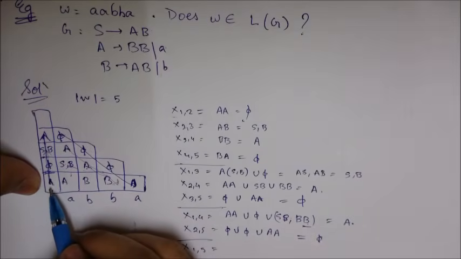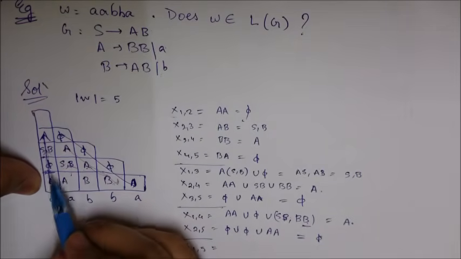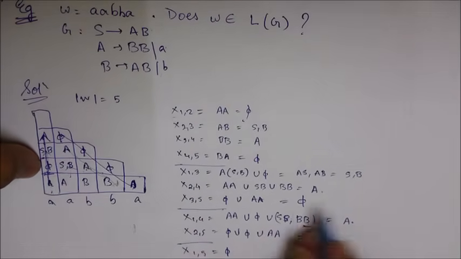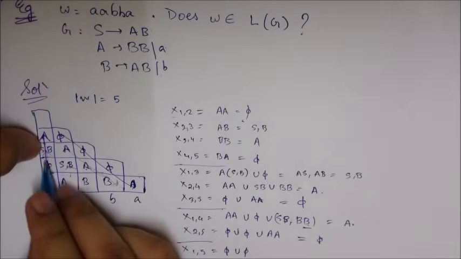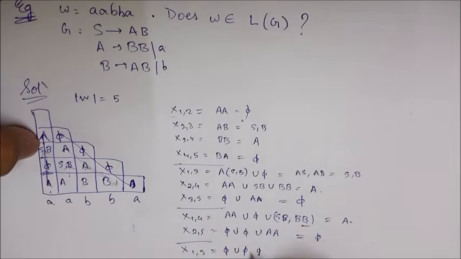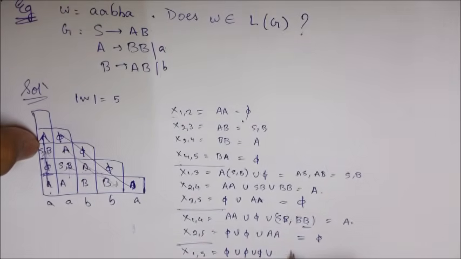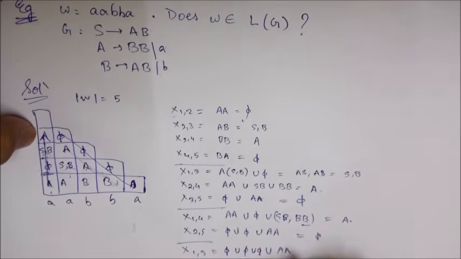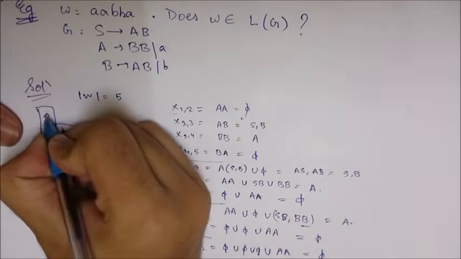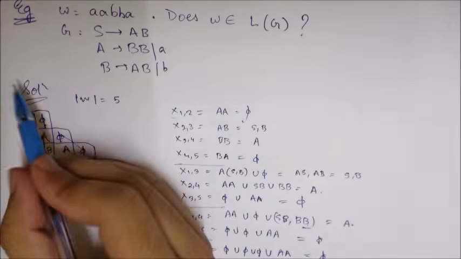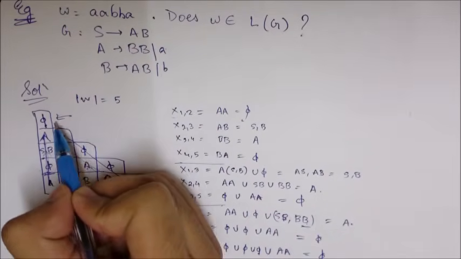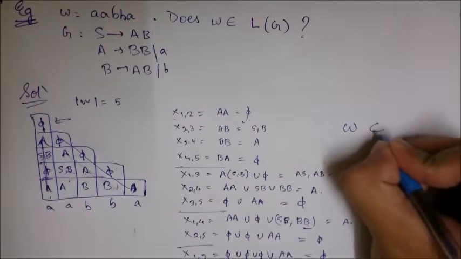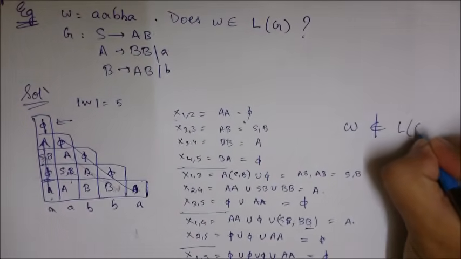We multiply the first values, so that's A into 5, which is 5 union 5 into 5, again 5, SB into 5 is also 5, and A into A is double A, so we write that down, which is equal to 5 because AA is not present anywhere. Now here we don't have S in the topmost cell, hence we can conclude that W does not belong to L of G.